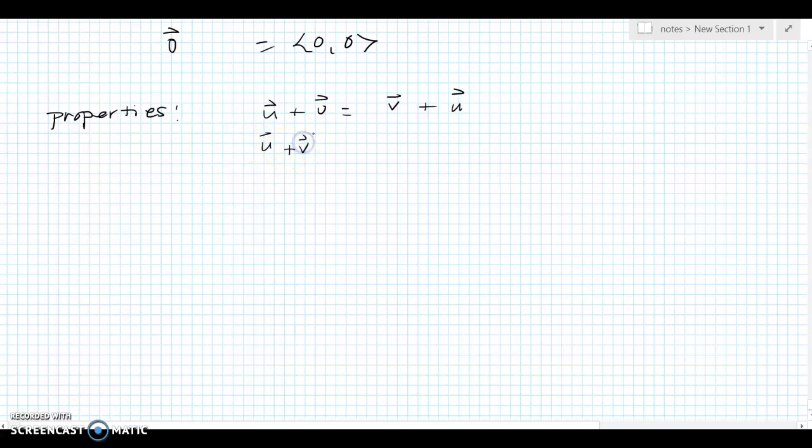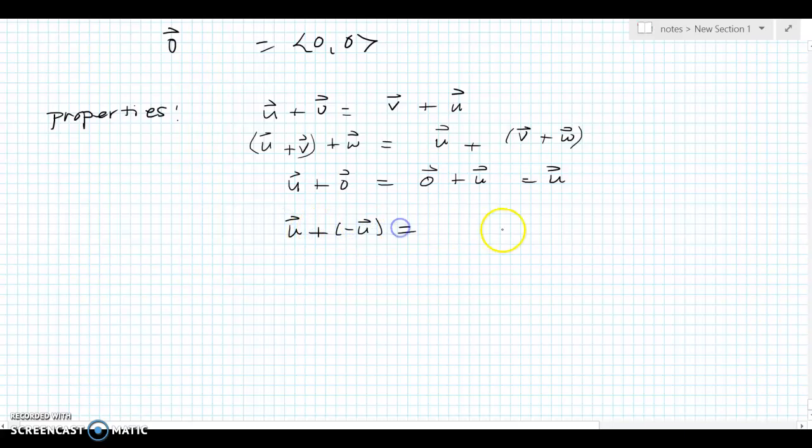So u plus v plus w is the same thing as u plus (v plus w) in parentheses. u plus the zero vector is the same thing as zero plus u, which is just u. Additive identity, something like that. And u plus a minus u is just the zero vector.